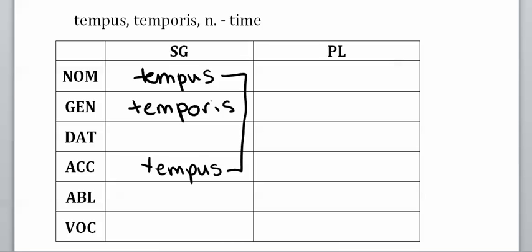Tempus, nominative singular, accusative singular, also needs to go in the vocative singular. It goes in the vocative because the rule is that almost all the time the vocative looks like the nominative above it. That's just a general rule about the vocative. There's also a general rule about neuters, and that's that the accusative always is the same as the nominative above it. So we have tempus in 3 spots. And now we can move on to step number 3.